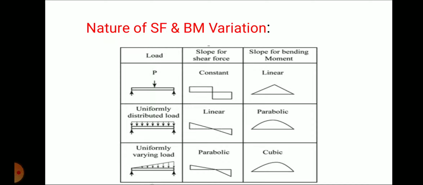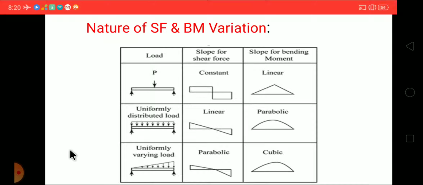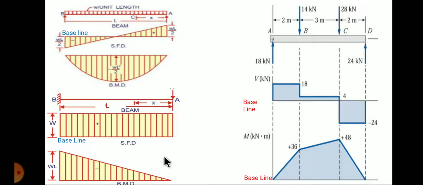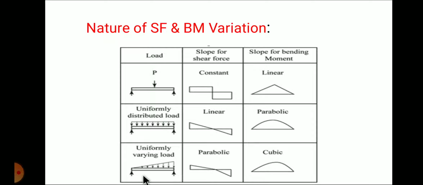If the type of loading is UVL, uniformly varying load, then when you draw the shear force variation, it will be parabolic in nature. For the bending moment, it will be cubic in nature.